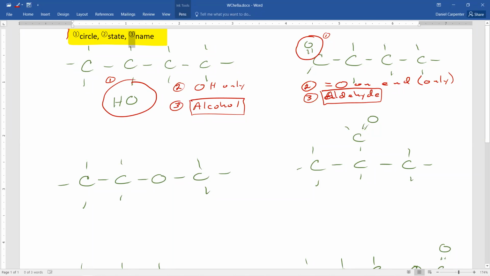Now, if you do this and get them wrong, if you put ketone for this, I could still give you part credit for seeing that you were at least working through it.